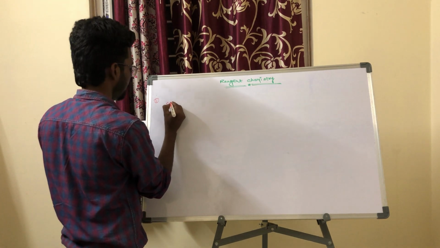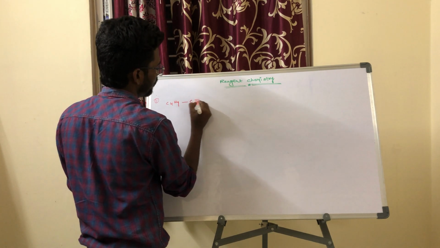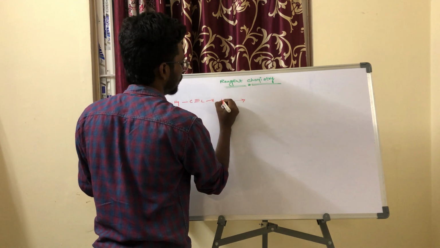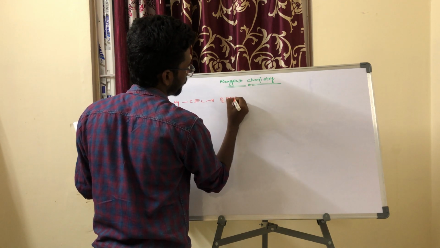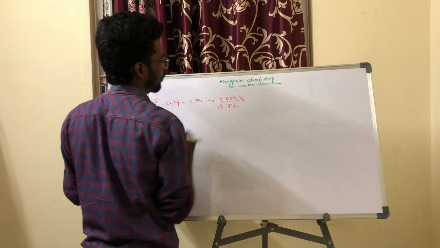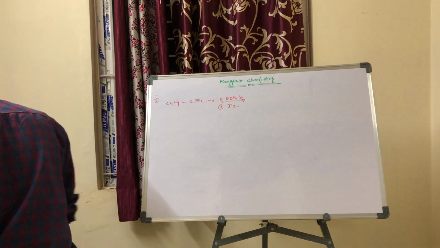Here I have given C4H9 C triple bond CH. It is treated first with DIBAL-H, second I2. So what answer will we get from this reaction?